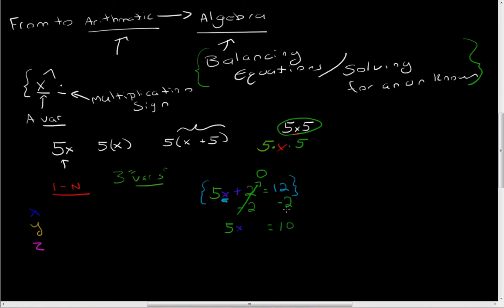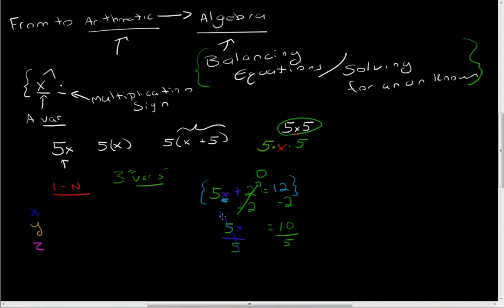And when we subtract 2 from this side, it will give us 10. Now I can divide by 5 on both sides. Remember, your basic arithmetic says when you divide a number, 5 over 5 is going to give you a 1. And remember, when you multiply a 1 times anything, that's something.